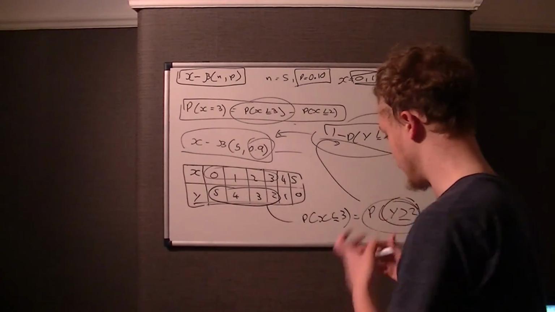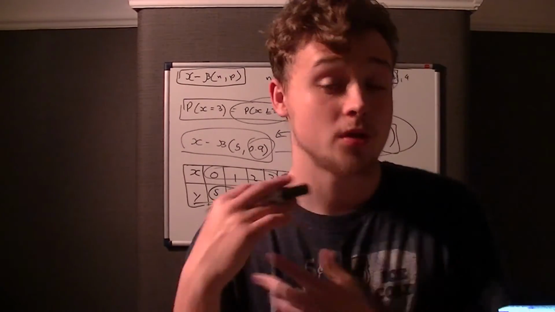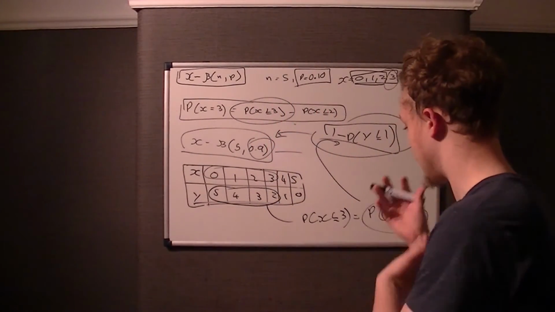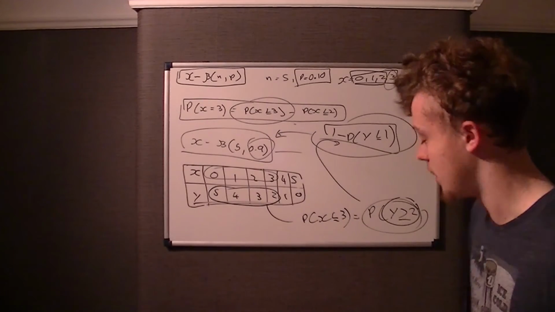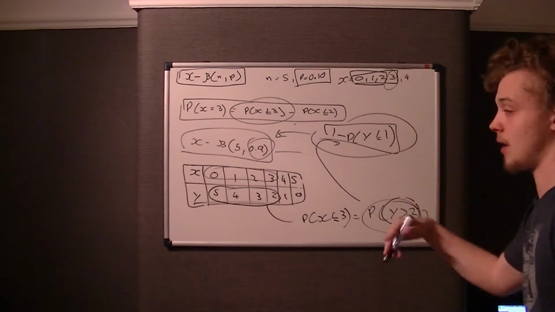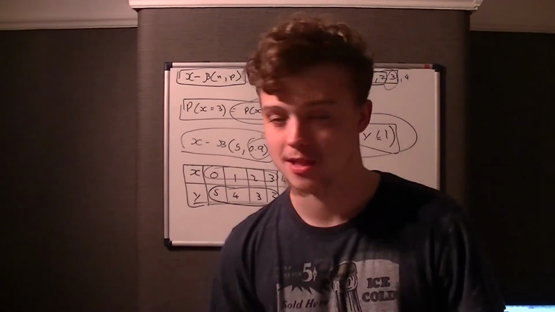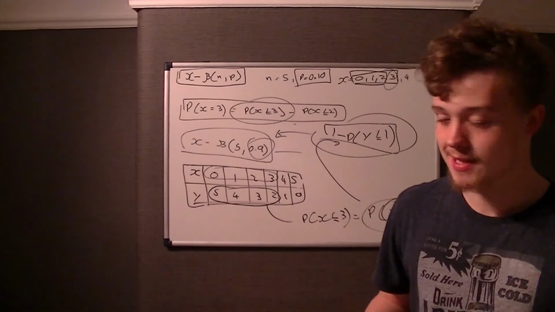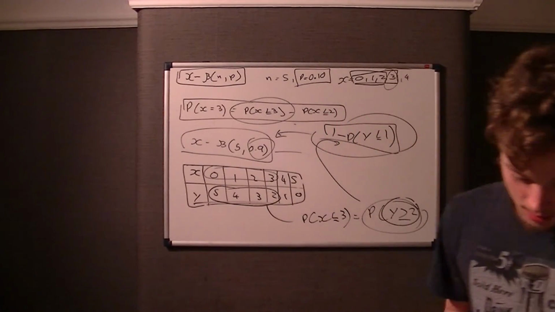Now, I've just substituted y for x because it's just to enable us to make the distinction that we are looking at it upside down in the other way around, if that makes sense. Okay, so then obviously you just work out your value for the probability that x is less than or equal to 1 and sub it in. Okay, so 1 take away whatever that is and you would get your answer.